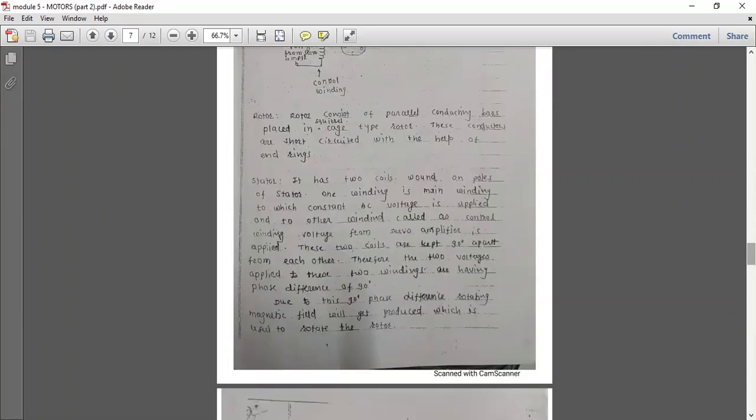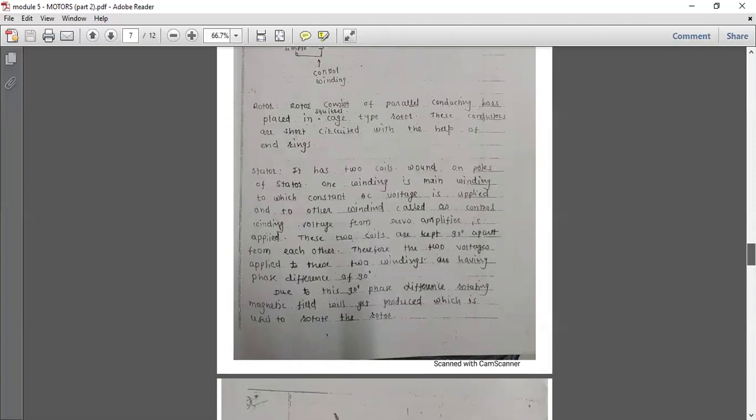Again, I am repeating that this 90-degree phase difference produces the rotating magnetic field, which is used to rotate the rotor.